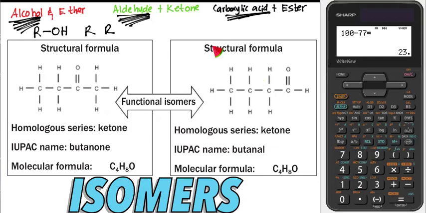All right. So let's look at these two guys here. Here you've got this one, it's in the middle. It's a ketone, it's in the middle. But now you move it and put it right at the end.